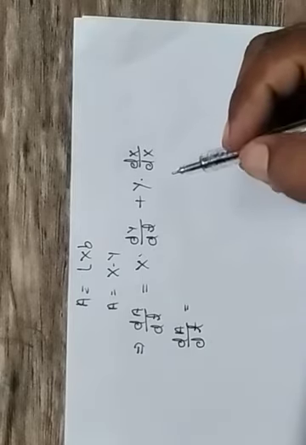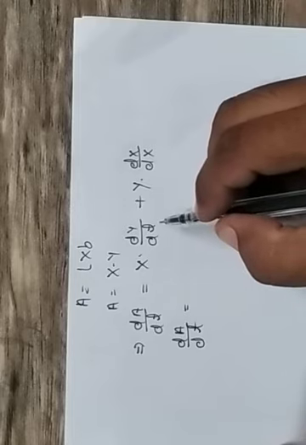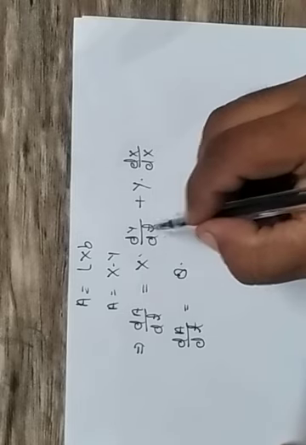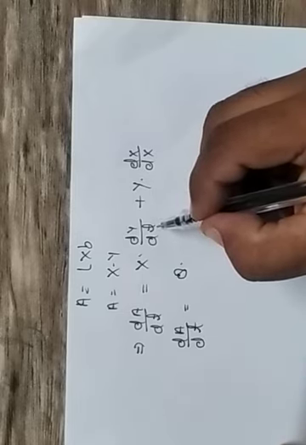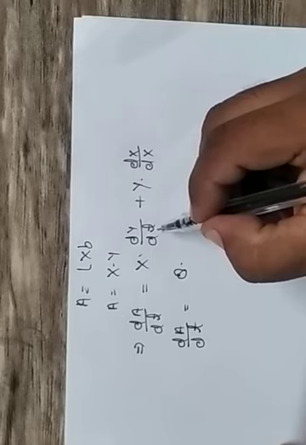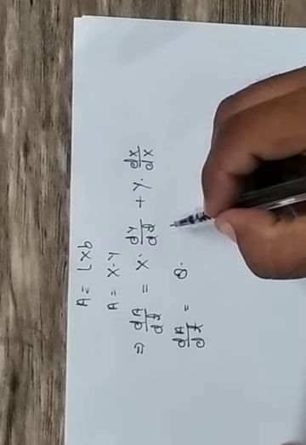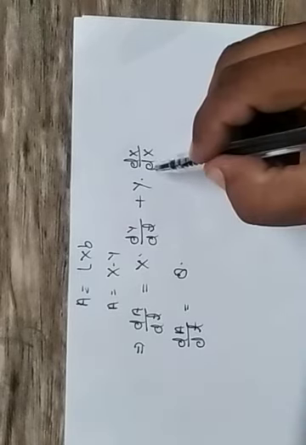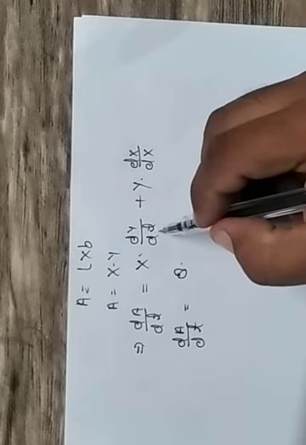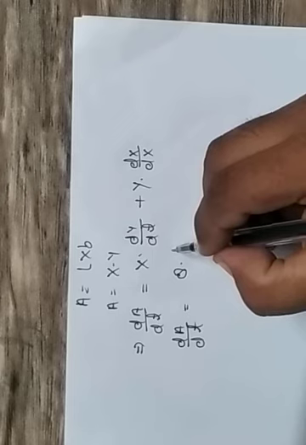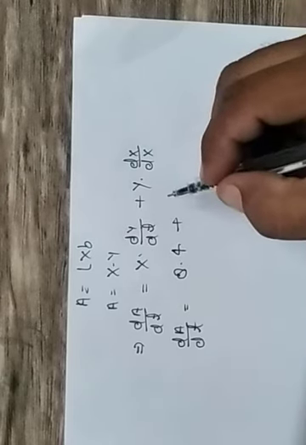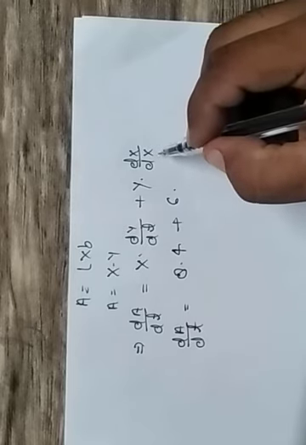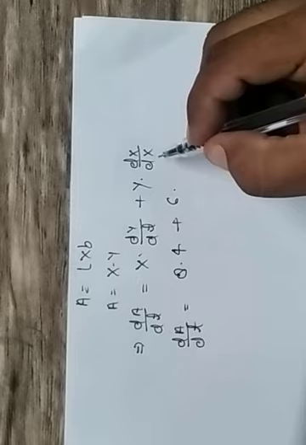X is given 8 centimeter, so 8 into dy upon dt, and dy upon dt is given 4 centimeter per minute, plus y is given 6 centimeter into dx upon dt, which is minus 5 centimeter per minute.